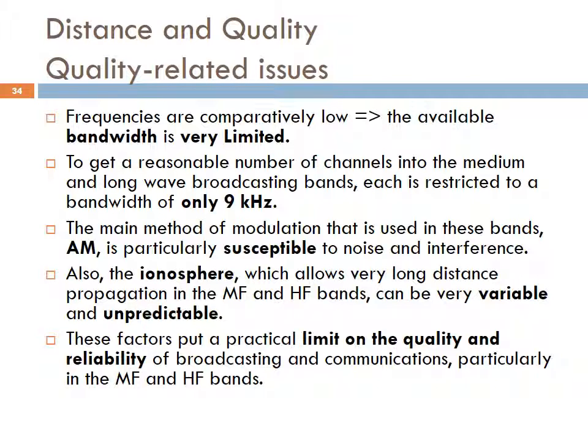The main method of modulation that is used in these bands is AM. I will talk later in more detail about the modulations. These factors put a practical limit on the quality and reliability of broadcasting and communication, particularly in the MF and HF bands.